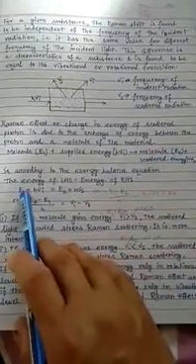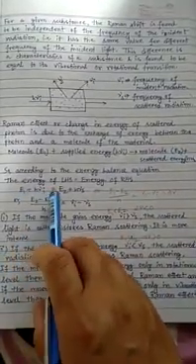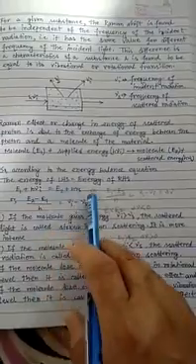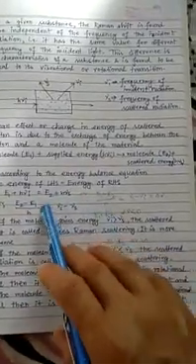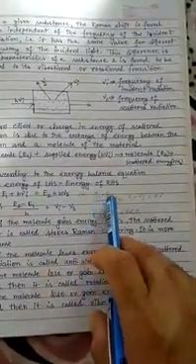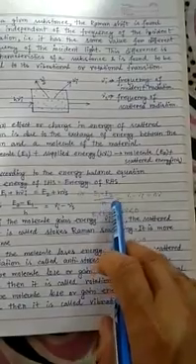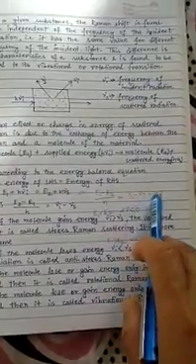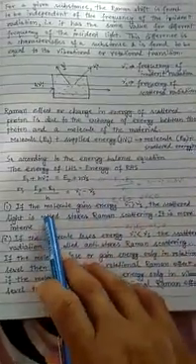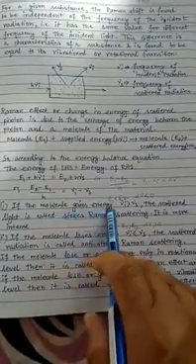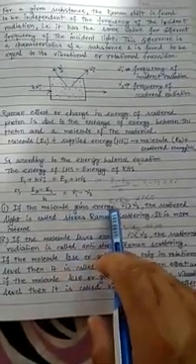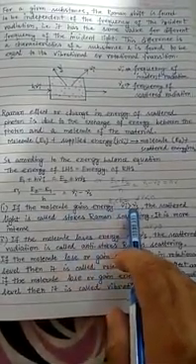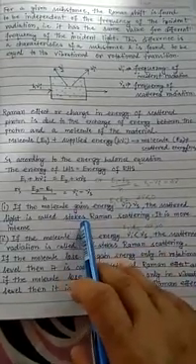So E1 plus h nu i equals E2 plus h nu s. Now I suggest students follow this equation, not this equation. So (E1 minus E2) by h equals nu s, the scattered frequency, minus nu i, and that is called delta nu.